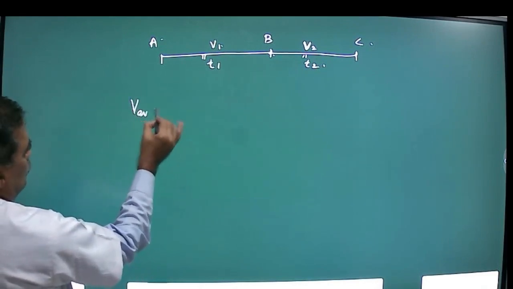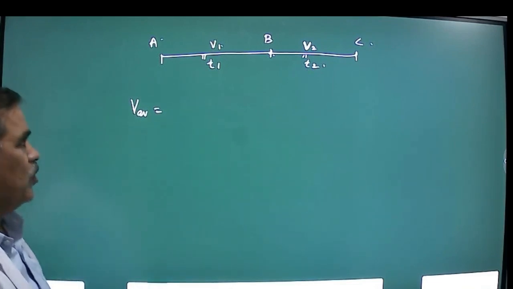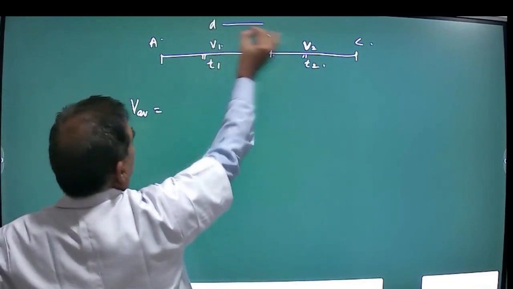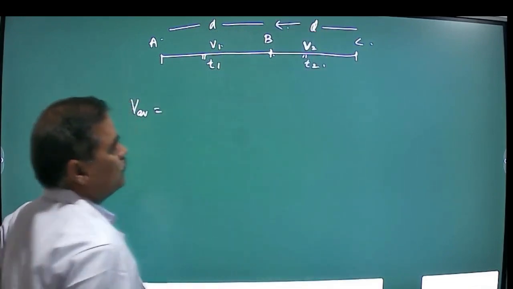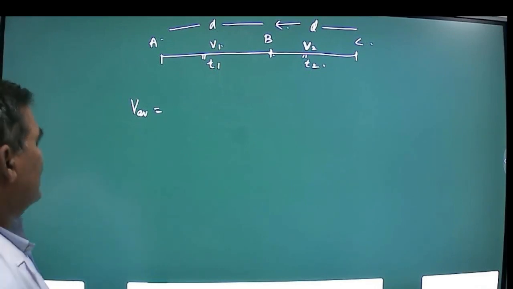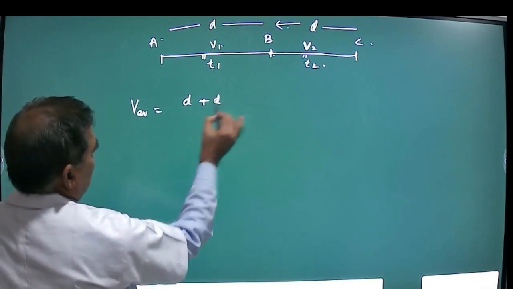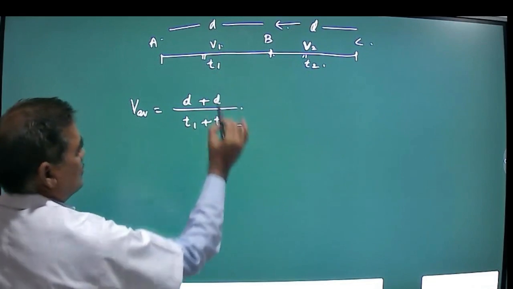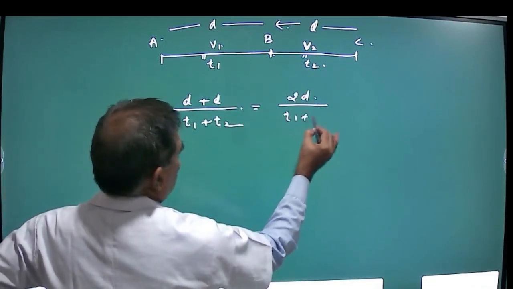V average is equal to total distance divided by total time. Total distance, how much is it? This distance is D and this distance is also D, equal distances. So total distance D plus D divided by T1 plus T2, that is 2D divided by T1 plus T2.